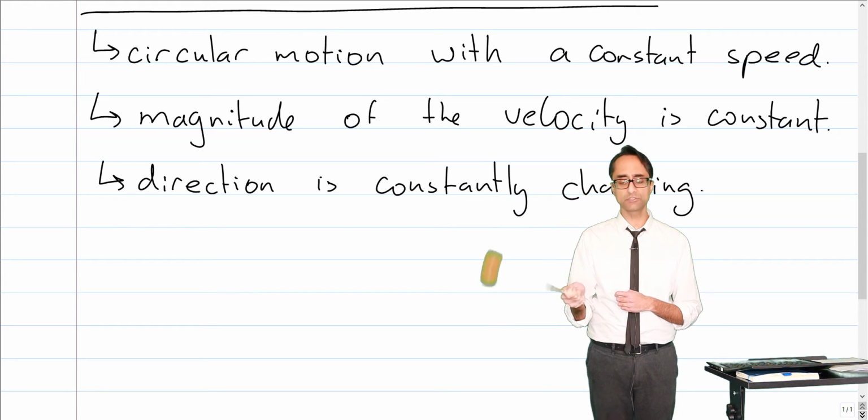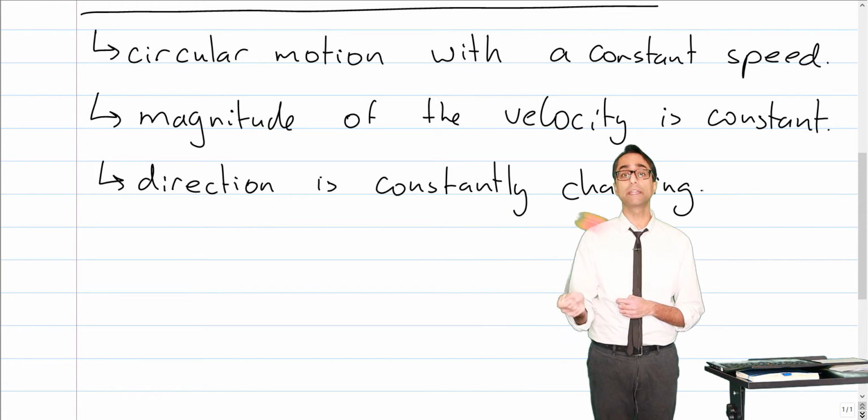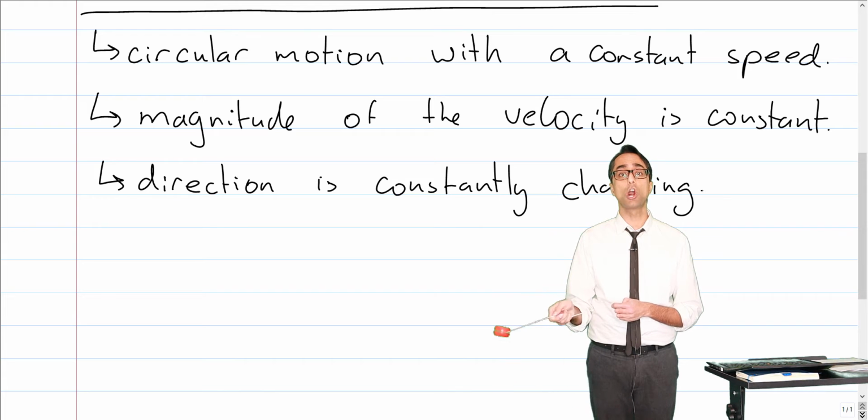So I have a constant speed here. Usually we think of, well, if the speed is constant, then the acceleration should be constant. That's incorrect. What you should be thinking about is velocity. If the velocity is constant, then the acceleration is zero. There is no acceleration, but it's not related to speed, it's related to velocity.